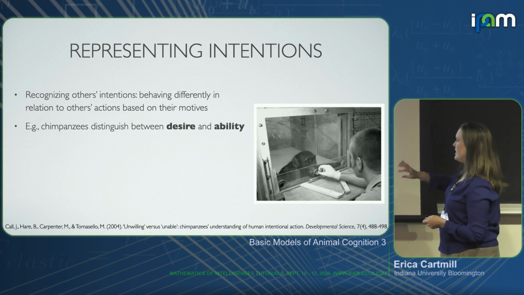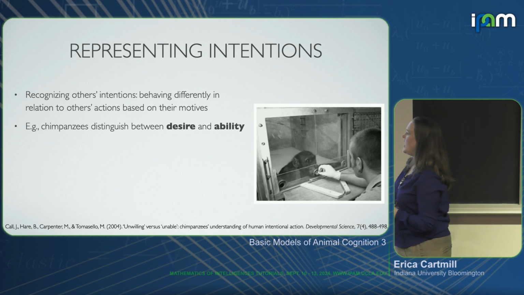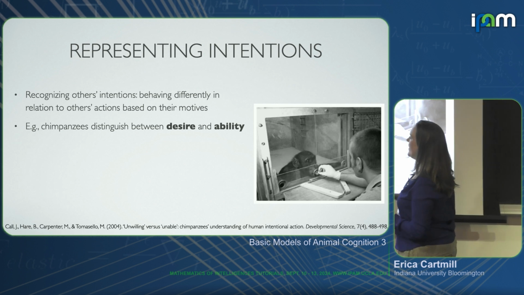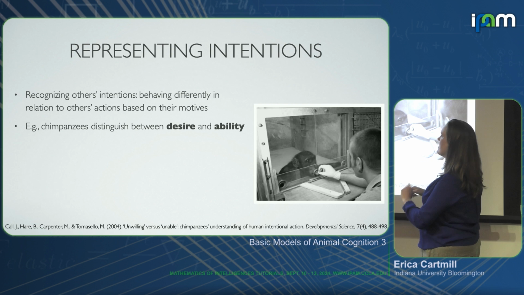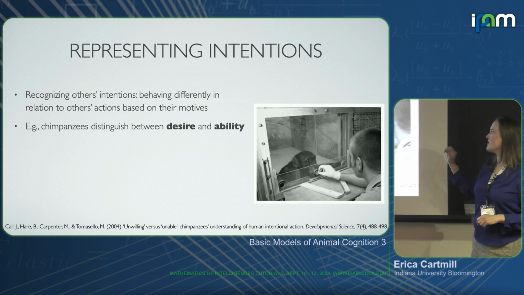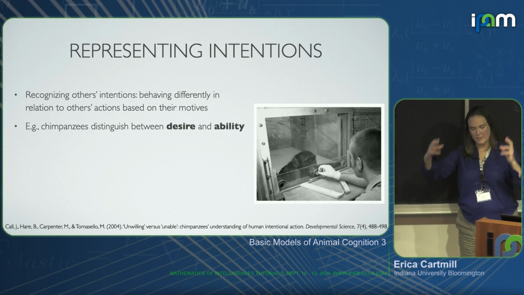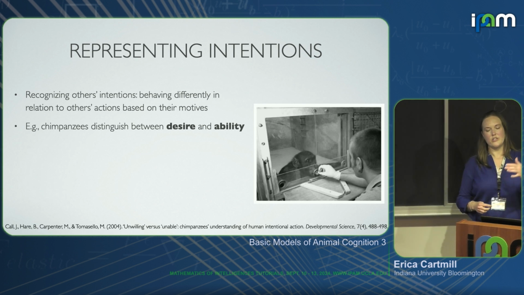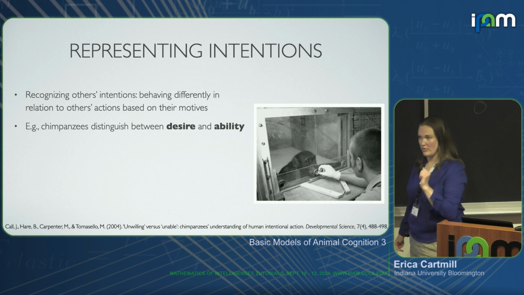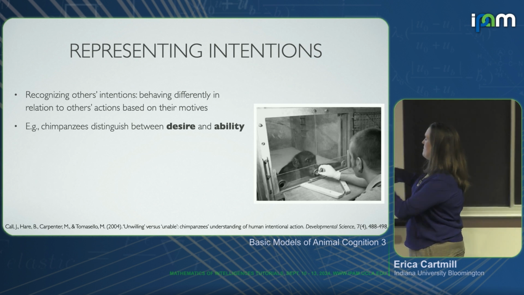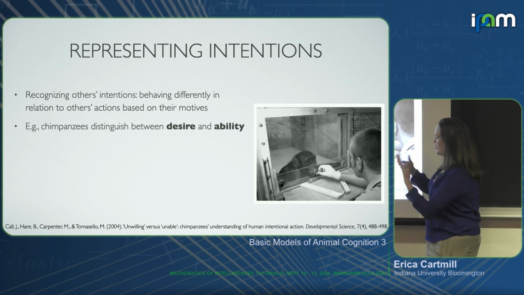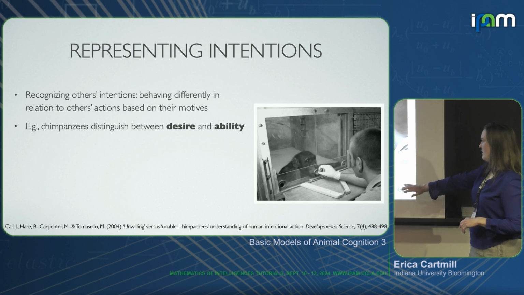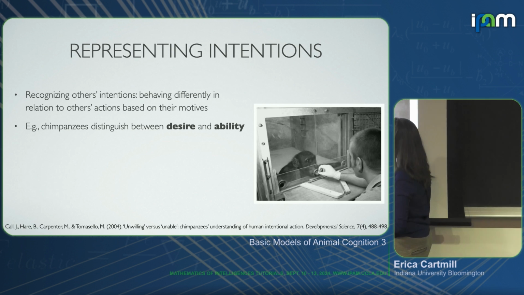This is a kind of classic study from the early 2000s, where chimpanzees were asked to distinguish between experimenters who were unable to provide them with a reward versus experimenters who were unwilling to provide them with a reward. There are many different control conditions, and I'm happy to post the paper.